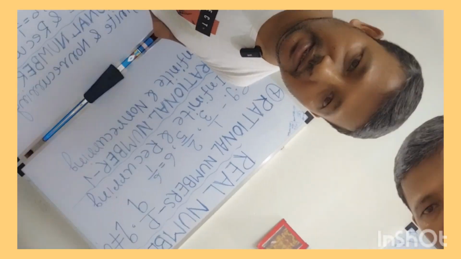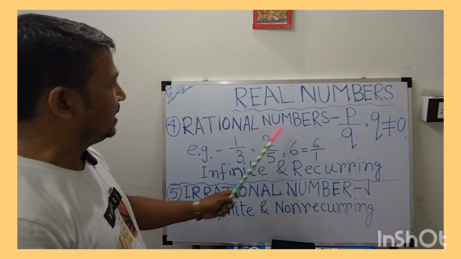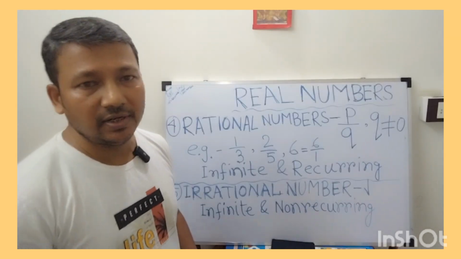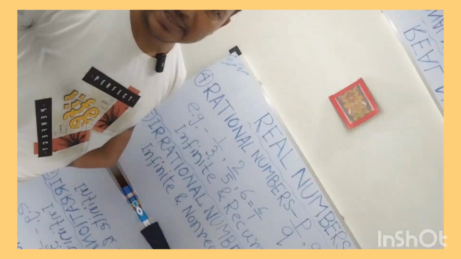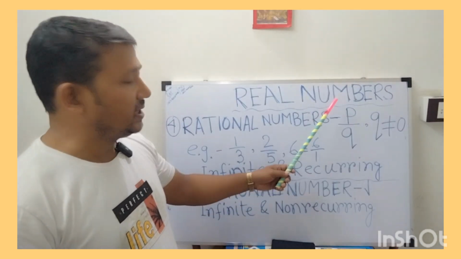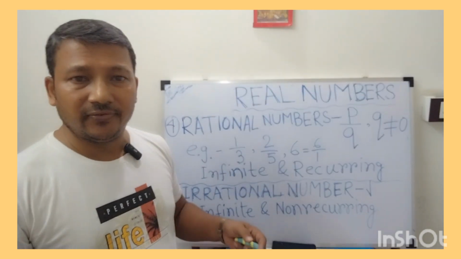Now the remaining two families are rational numbers and irrational numbers. Now we have to understand what rational numbers are. Rational numbers are those numbers which we can express as P by Q, that is, as a fraction.